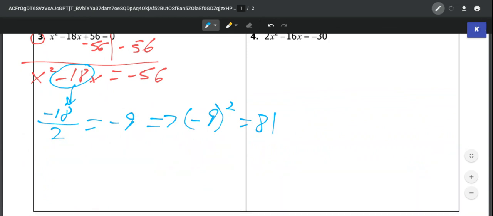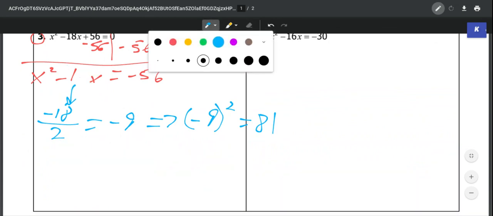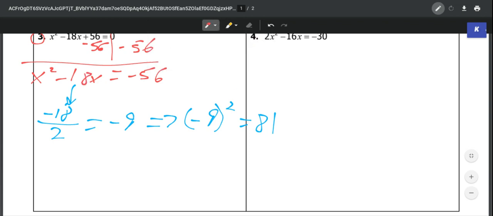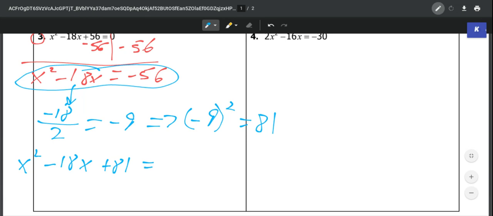Let me rewrite this. We'll take this equation and add 81 to both sides. If we rewrite this, we've got x squared minus 18x plus 81, and that's going to be equal to negative 56 plus 81.